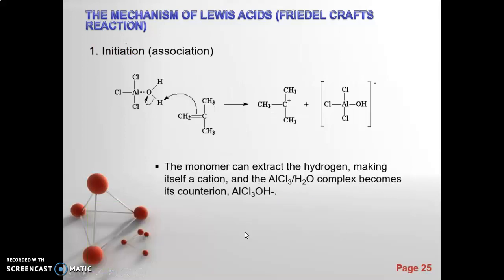Okay, so skip. This is the second step, which is association. We see when it reacts with monomer, it will produce CH3, C positive, okay, and CH3, CH3.